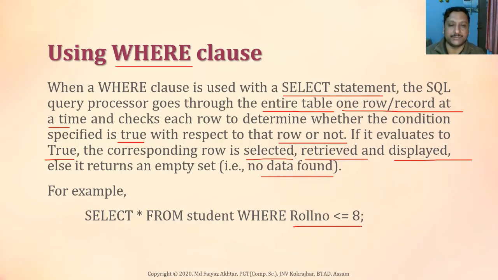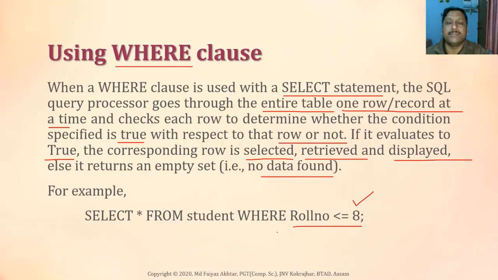So when a where clause is given, it will filter all the rows, all the tuples from that particular table. For example, we have given here select star from student where roll number is less than or equal to 8. Then it will show you all the rows which satisfy this condition.